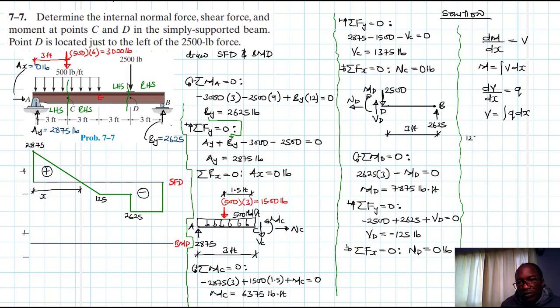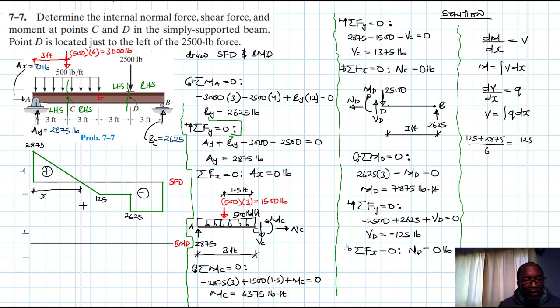So 125 plus 28.75 divided by the length there, which is 6, is equal to 125 divided by x. We're just using similarity of triangles, okay? So this is a triangle, and then the smaller one there like that. So that's what we are doing. All right, great.